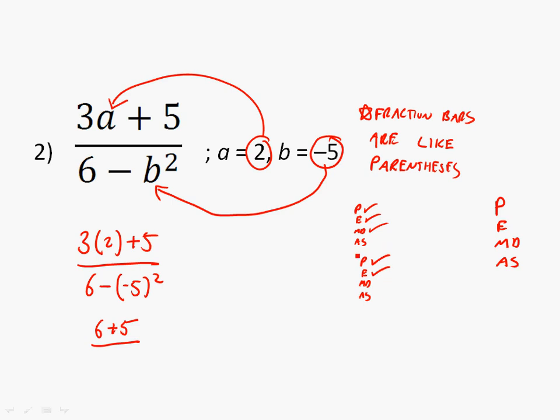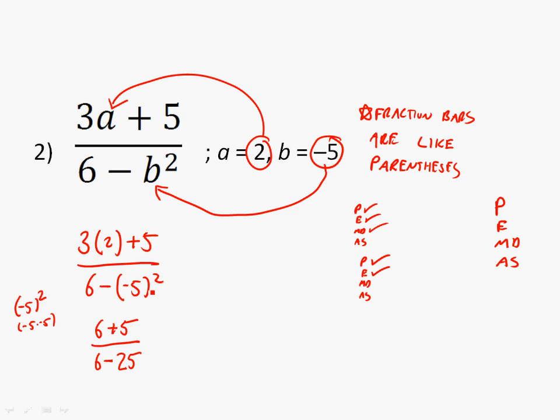So the exponent I'm going to do here, I have to do negative 5 squared, which I'll write over here. That's negative 5 times negative 5, and so that's going to give me positive 25. So now I have 6 minus, and this whole thing, the negative 5 squared, is positive 25.